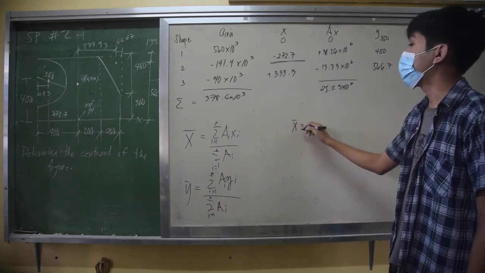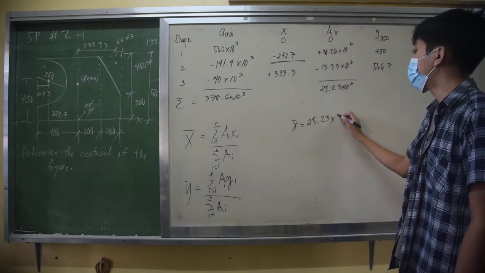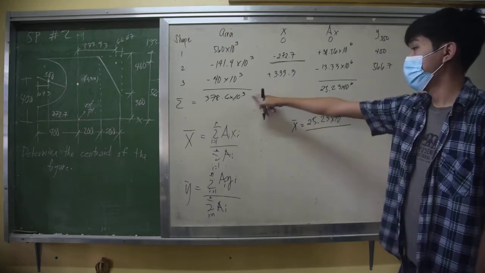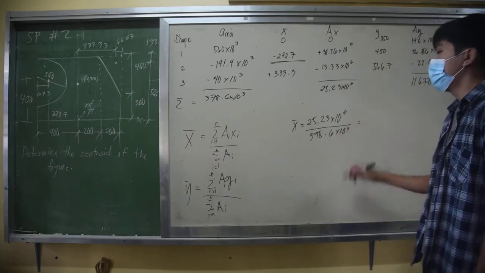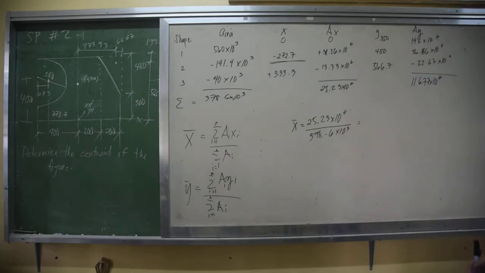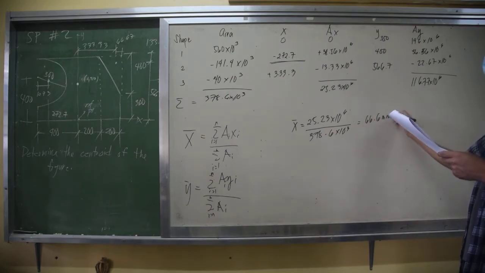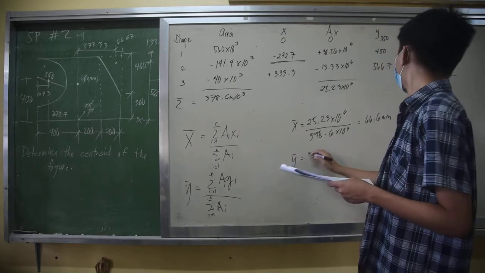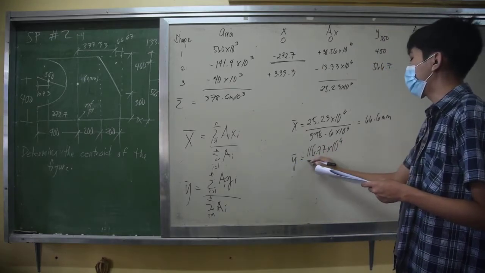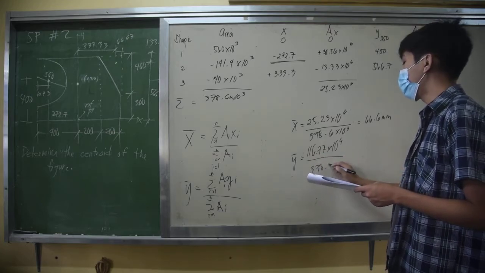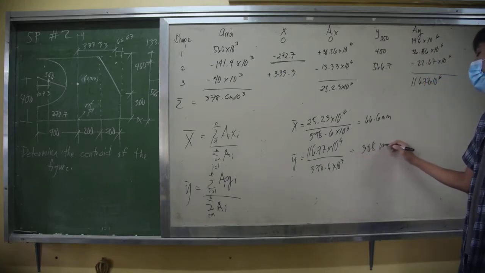So, your x bar is equal to summation of AX, 25.3 times 10 raised to the 6 divided by 378.6 times 10 raised to the 3. That is equal to 66.6 mm. And your y bar is equal to 116.77 times 10 raised to the 6 divided by 378.6 times 10 raised to the 3 is equal to 308 mm.